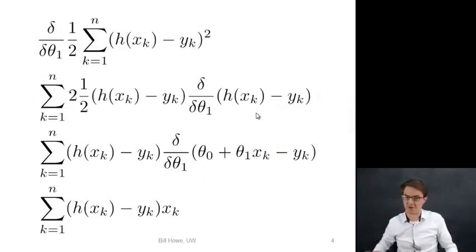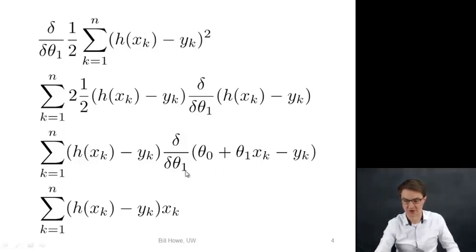Okay, so this is elementary college calculus, but just to show the steps on one slide: push the partial derivative through the sum, and then apply the chain rule to get these two factors. And then remember that h, our model, is actually just a linear model, so we're multiplying the x value times the slope parameter, adding in the y-intercept.